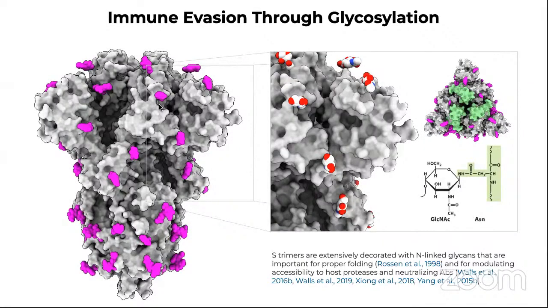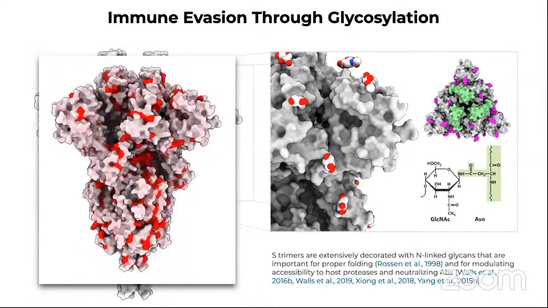And to remain flexible enough to bind to the ACE2 receptor, you can see that it actually is not covered throughout. So these are mutations that happen as a result of this changing dynamic structure of these glycans that are covering the whole body of this protein.